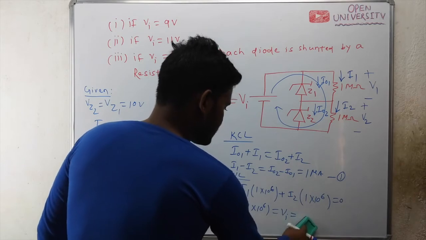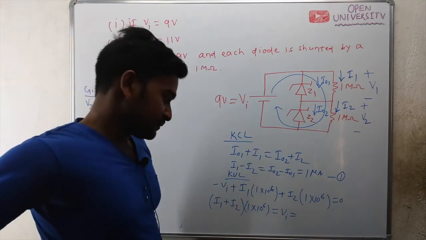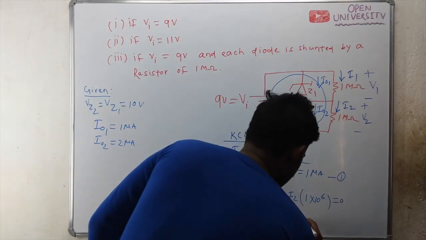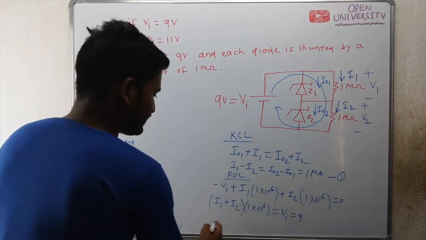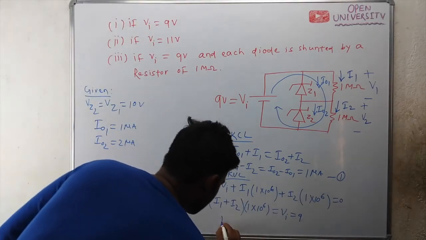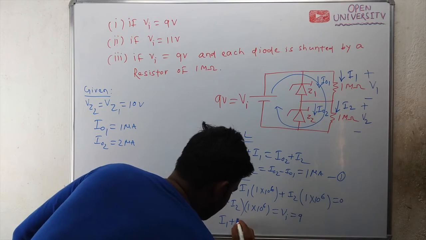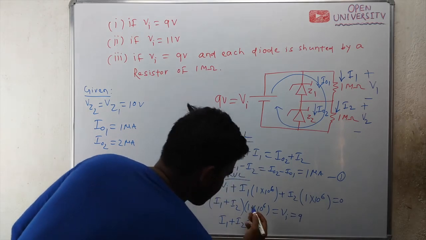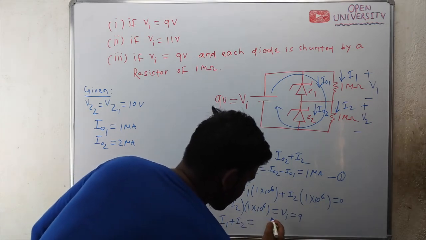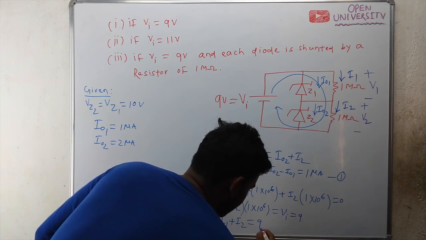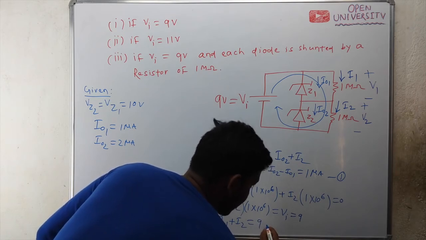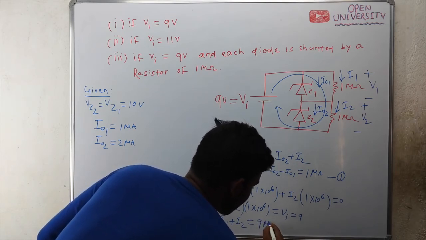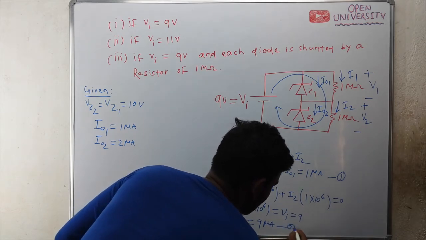What is the input voltage? 9 volt. So you can write I1 plus I2, if you bring this 1 into 10 power 6 to this side, it will be 9 microampere. This is your equation 2.